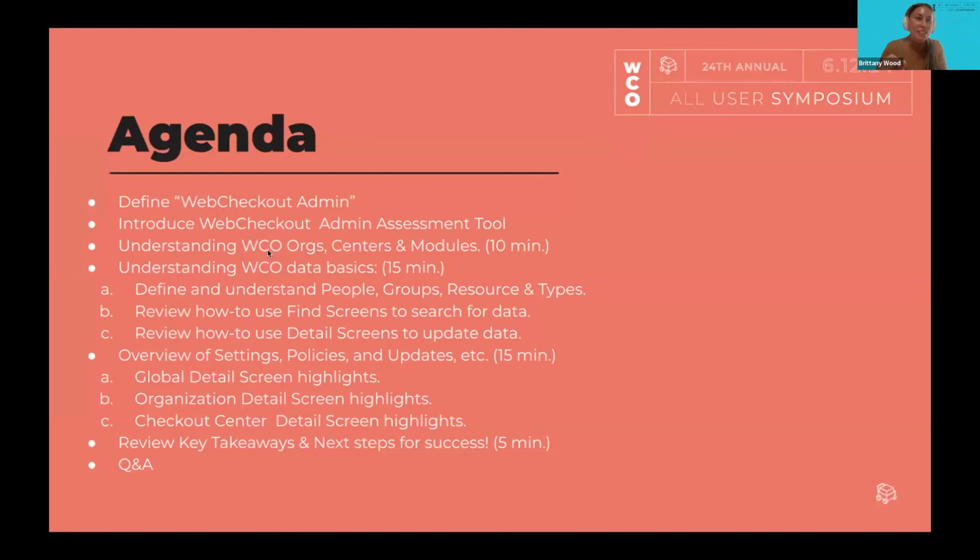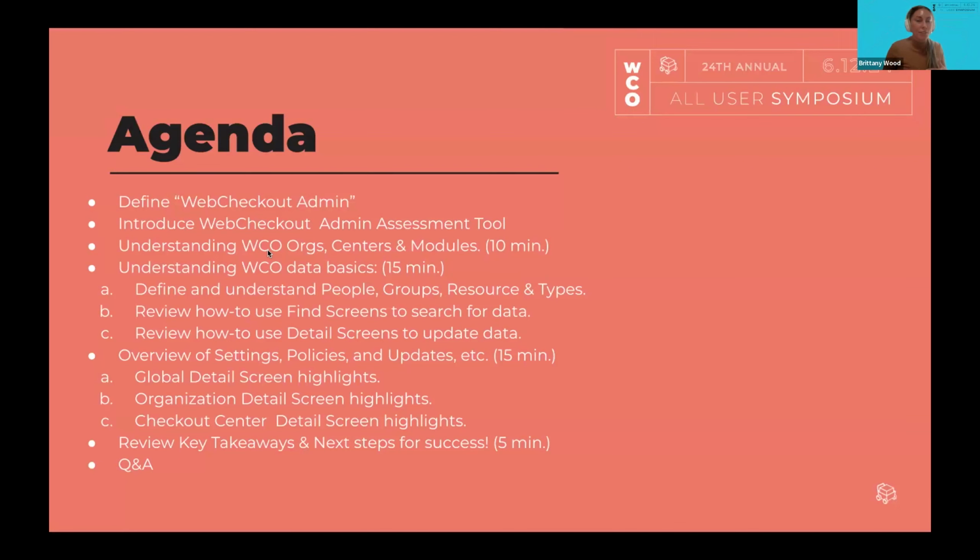We're going to jump into the agenda, so you know what to expect throughout the next 40-ish minutes of our session. We'll start by defining exactly what a web checkout admin is, so hopefully you can identify yourselves within some of these descriptions. We'll then introduce a new web checkout admin assessment tool to help you better assess your skills in web checkout. We'll then look at organizations, checkout centers, and modules installed in your instance.